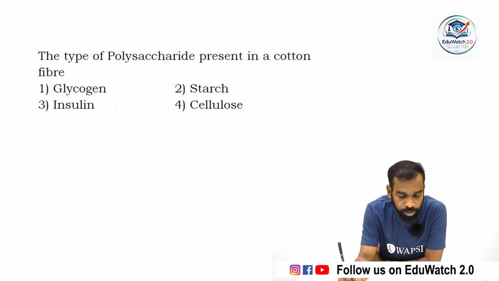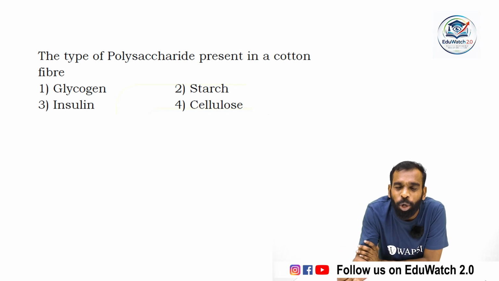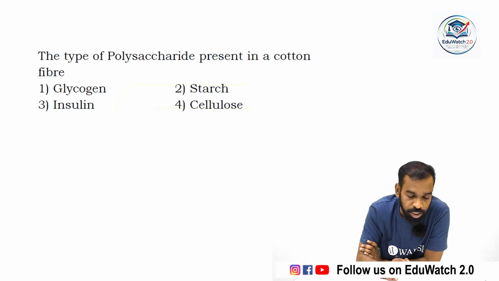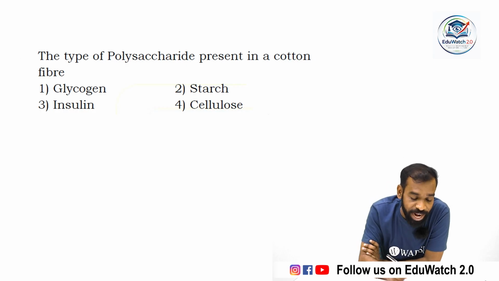Move to next question. The type of polysaccharide present in cotton fiber. Cotton is a plant. Via the process of photosynthesis, plants synthesize food. What kind of major food? That is starch. First one is glycogen.